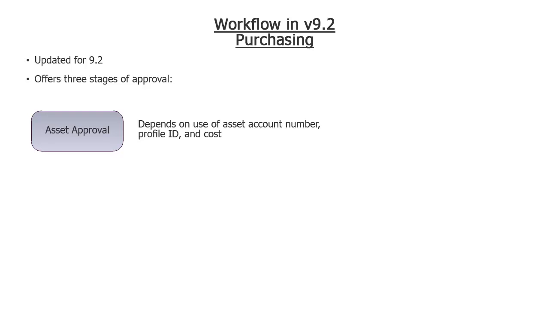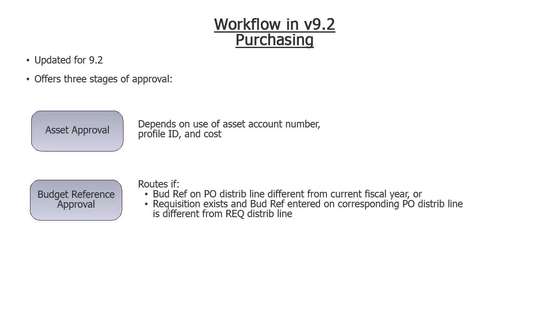Purchasing workflow is changing from 8.9. There are 3 stages of approval. The first is asset approval, similar to that in accounts payable. The second is budget reference approval, which routes to an approver if the budget reference entered on the PO distribution line is different than the current fiscal year, or if a requisition exists and the budget reference entered on the corresponding purchase order distribution line is different than the requisition distribution line.